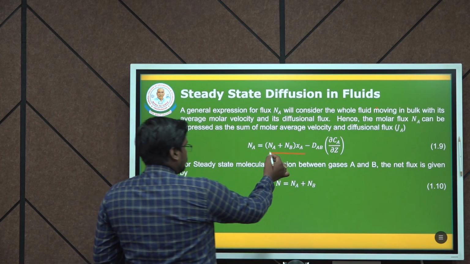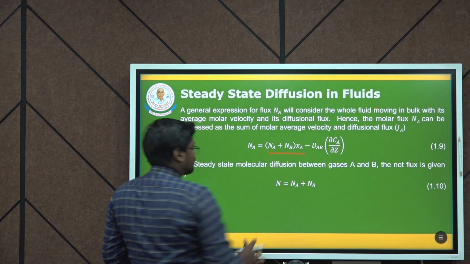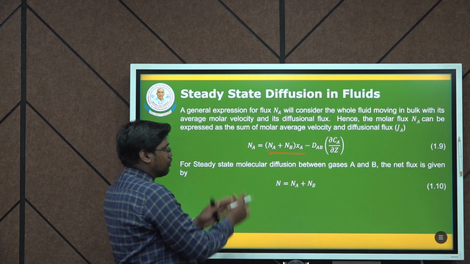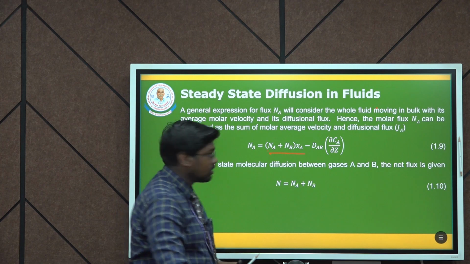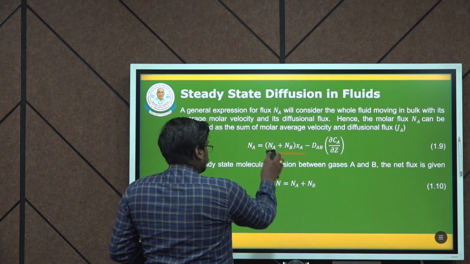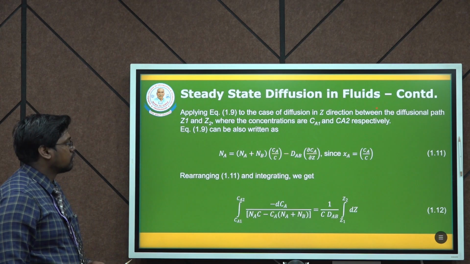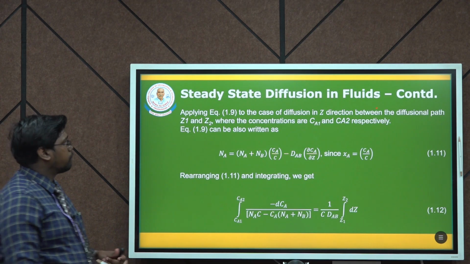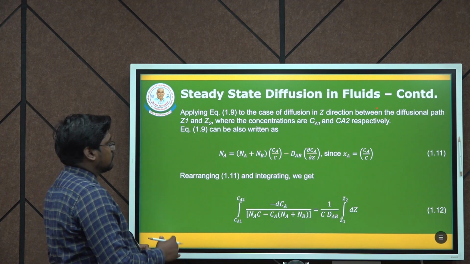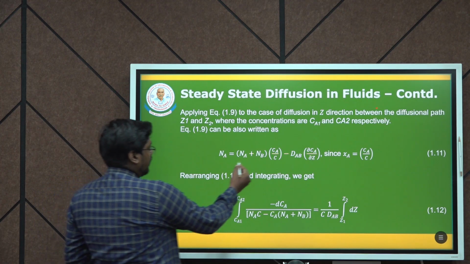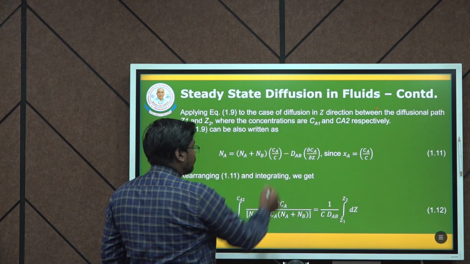Here Na is the flux due to the presence of N, which is equal to Na plus Nb, so we have divided and written it like this. Applying equation 1.9 for the different diffusion directions, Na is equal to Na plus Nb into Ca divided by C.